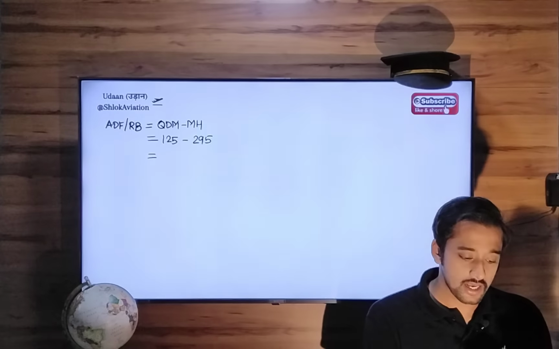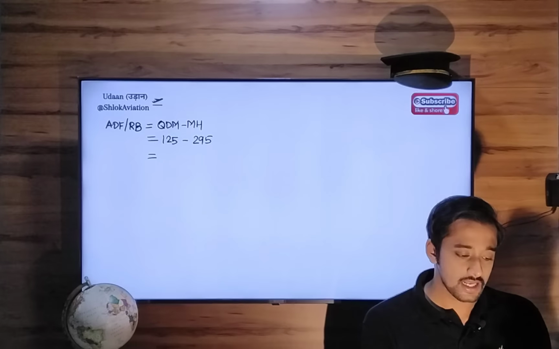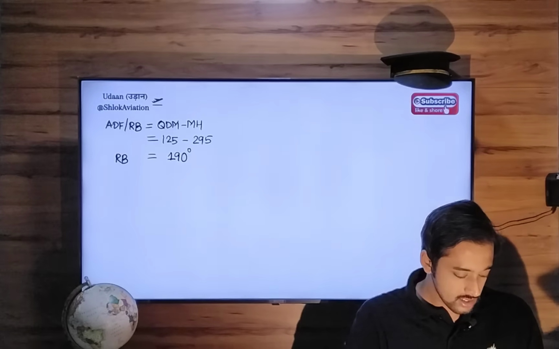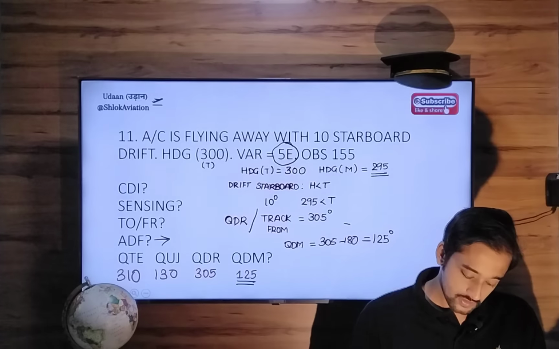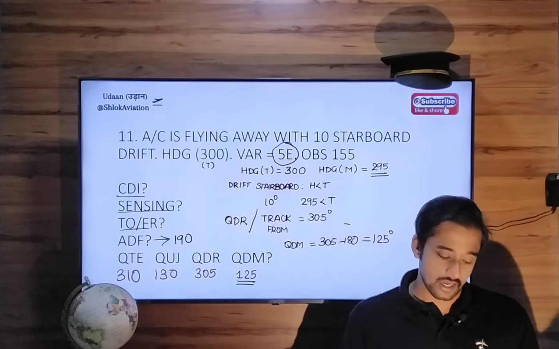So 125 minus 295 is minus 170, plus 360 is 190. So relative bearing is 190. Now let's find CDI, the sensing and the to/from indication.